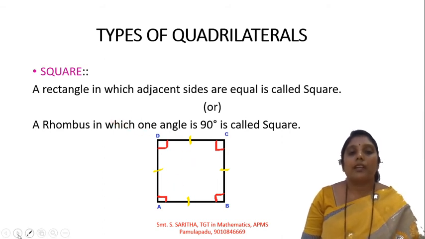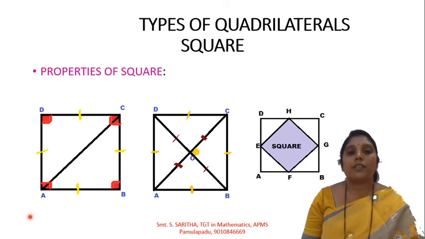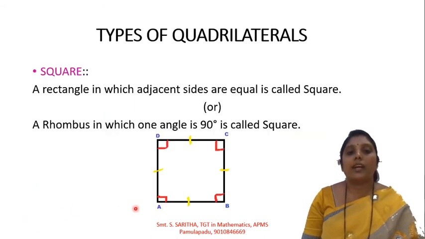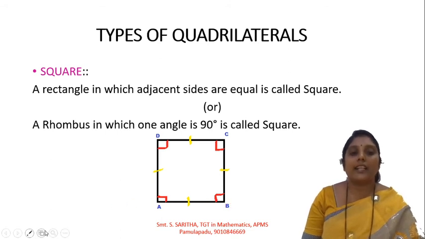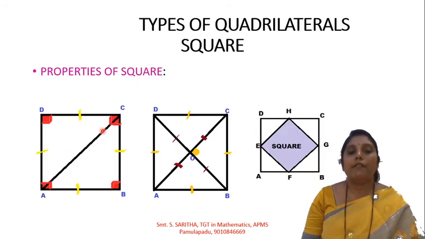If you speak about the properties of a square, in a square, you know that all sides are equal. We are observing all sides are equal. All angles are also equal and each angle is equal to 90 degrees. If you draw the diagonal in a square, the diagonal divides the square into two congruent isosceles right-angled triangles.